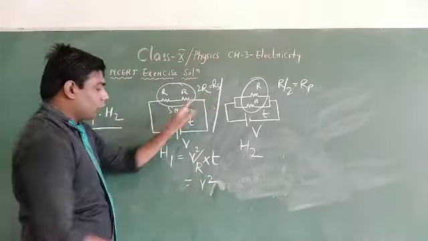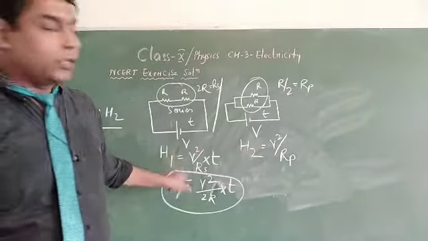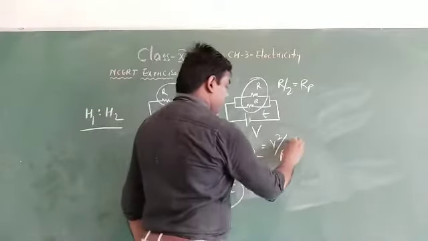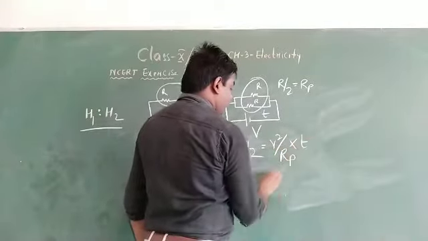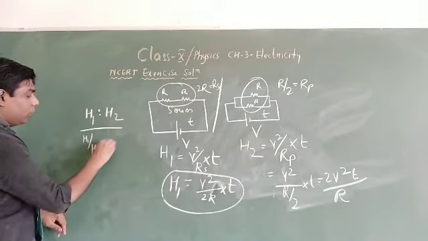Similarly H2 equals V square T by Rp, because here it is a parallel circuit and there a series circuit.